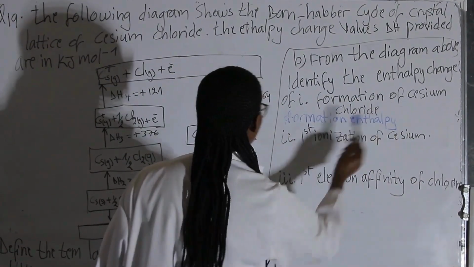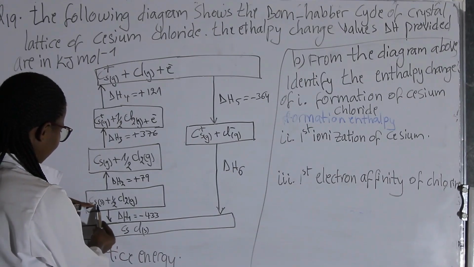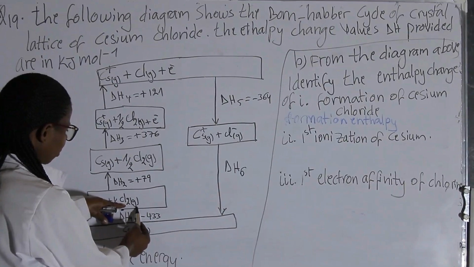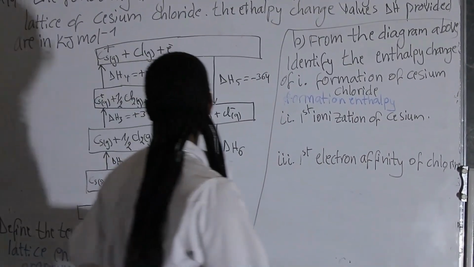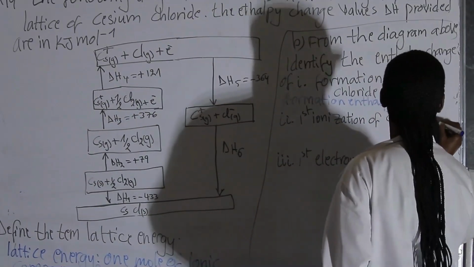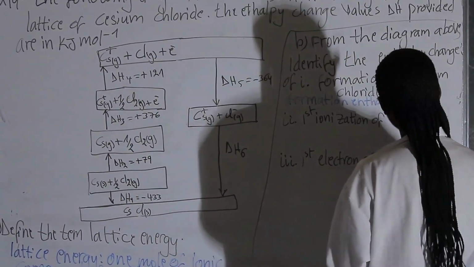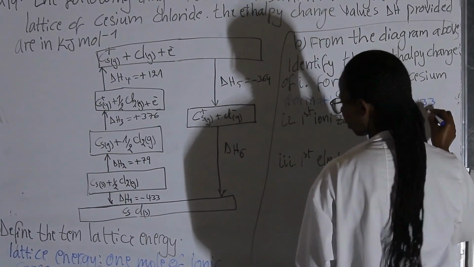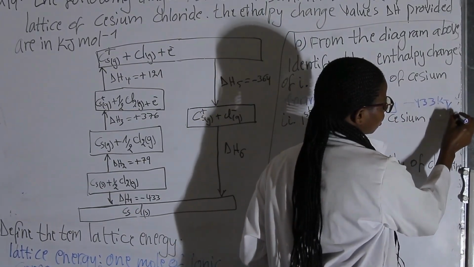Where cesium chloride is formed, you can find it right here. Here we have cesium solid plus chlorine gas, which forms cesium chloride, and it is equal to minus 433 kilojoule per mole.